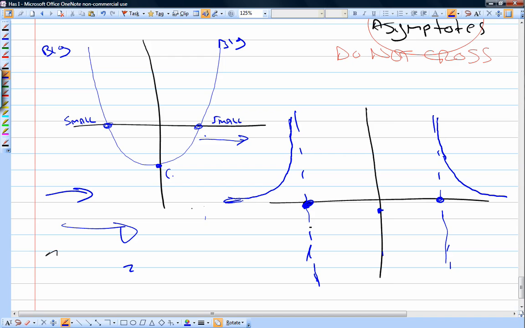If that was the point 0, 4, this would be the point 0, 1/4. Okay, I'm starting small here, getting bigger. Now, going back towards small, which means the reciprocal will go toward big. Okay. And there you have a reciprocal graph.